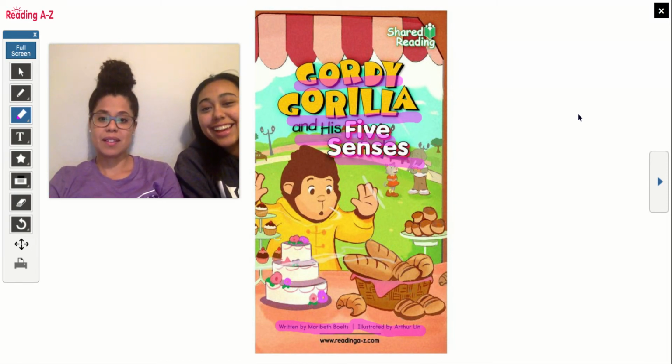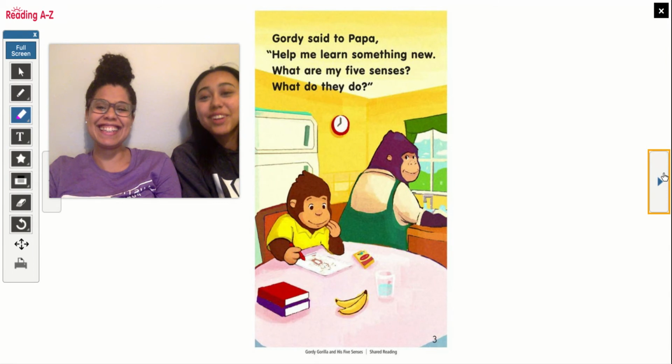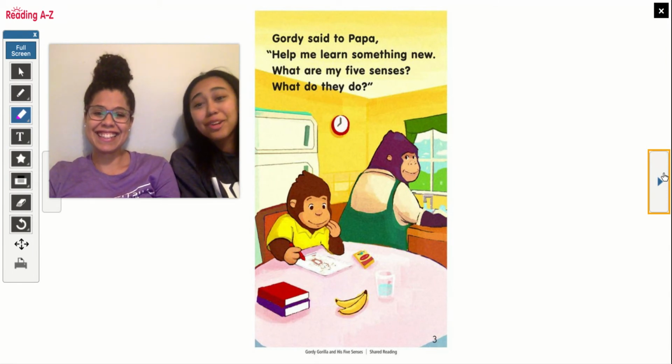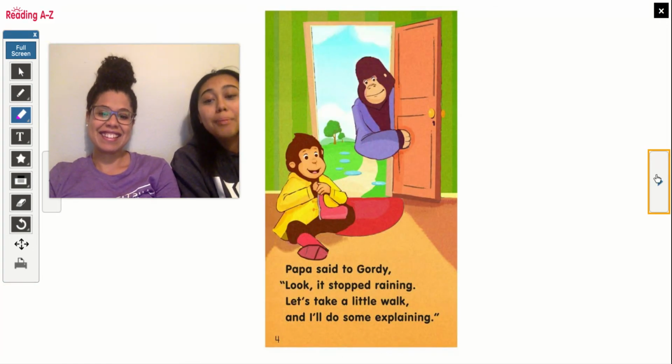Gordy Gorilla and His 5 Senses. Gordy said to Papa, "Help me learn something new. What are my 5 senses? What do they do?" Papa said to Gordy, "Look, it stopped raining.